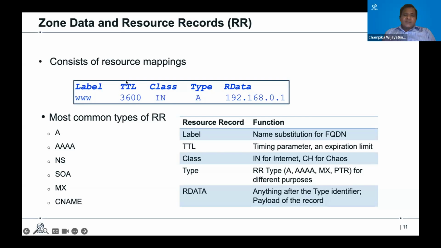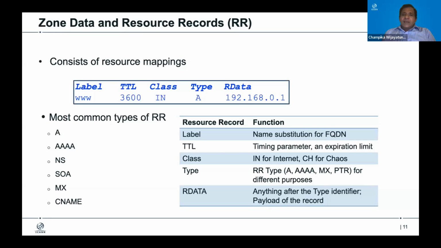Then you have this field called TTL. TTL stands for time to live. Remember earlier we discussed that all these zone records get cached in the recursive resolvers. Recursive resolvers keep these records in their memory.